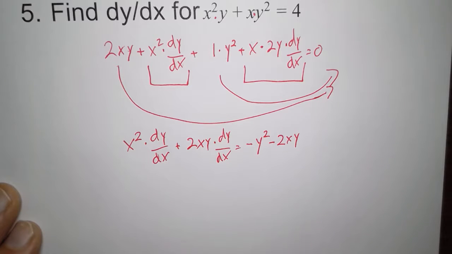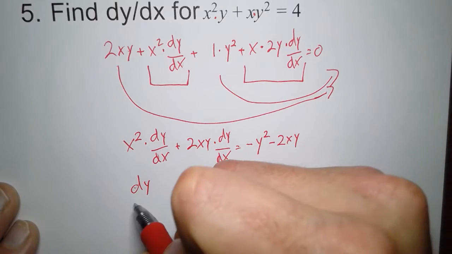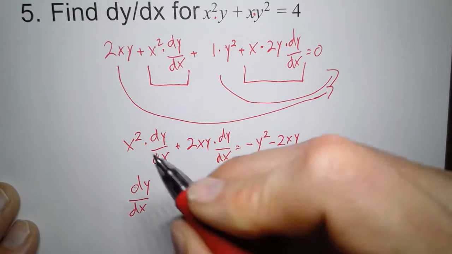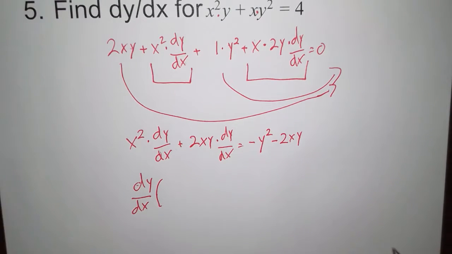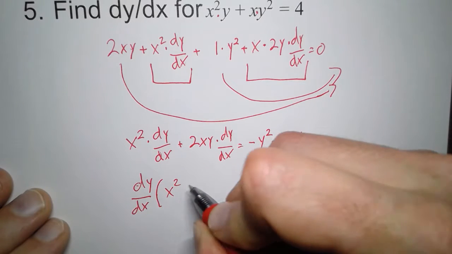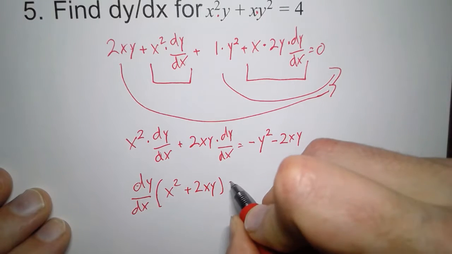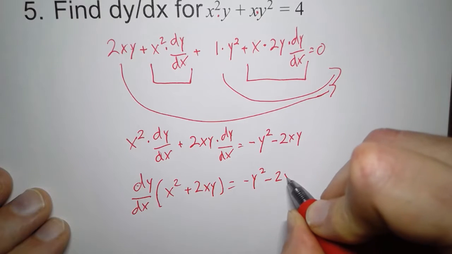So what do we do? We factor out dy/dx, because that's what these terms have in common, and we're only going to factor dy/dx. Yes, they both have an x in common, but we want dy/dx by itself. We don't want it with any other term. So when we factor out dy/dx, we have x squared plus 2xy, and that equals negative y squared minus 2xy.